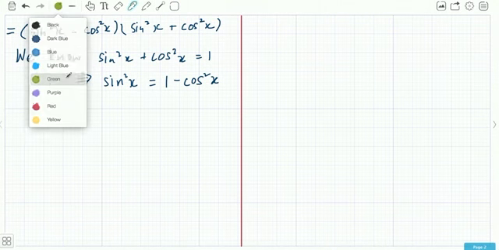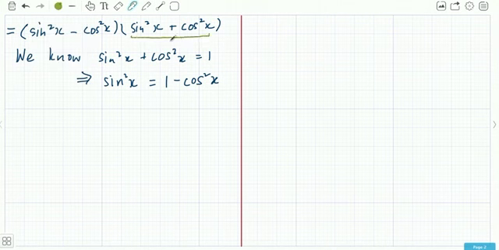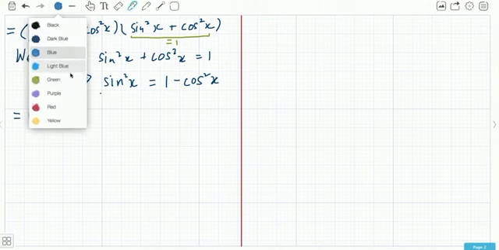So what we know as well here is what sine squared x can be replaced with. So looking at what we have, we know that this part here is equal to 1, and we can do a replacement or a substitution on this part. So I'm going to substitute out the sine squared x with this. Instead of sine squared x, I'm going to write 1 minus cos squared x in its place. And then we've got the rest of it, and actually I'll do that in green so you can see where the substitution is.